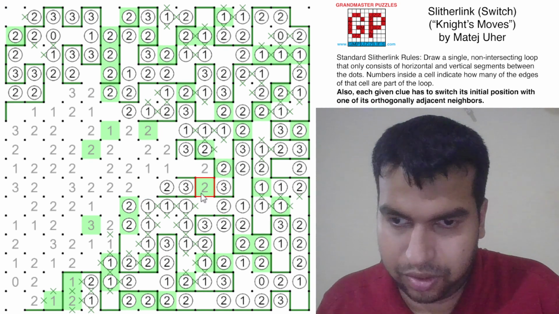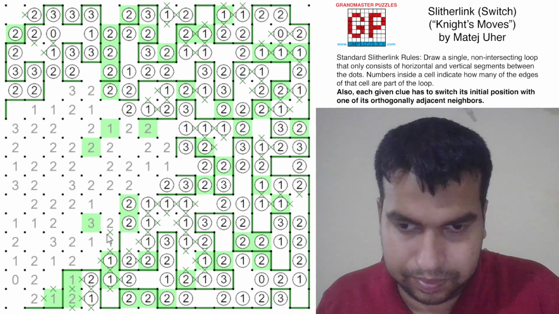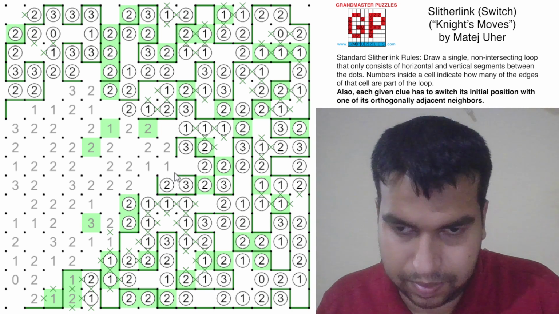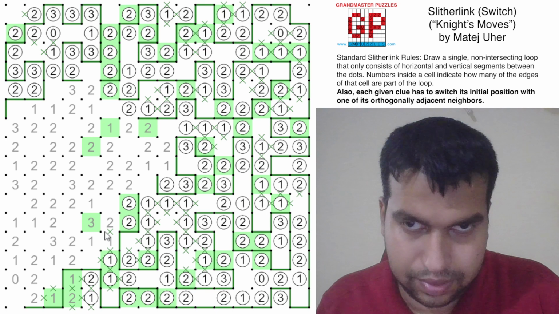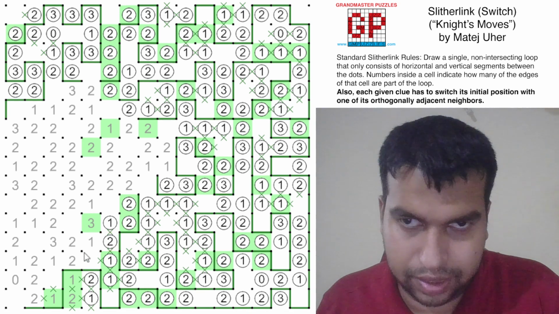So this 3 and 2 pair up, this 2 and 2. And this much gets forced. Now looking at this 2, obviously it can't pair up with the 3, it has to pair up with the 1 below. So we get this and this.